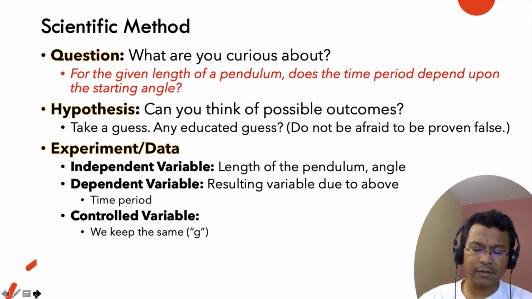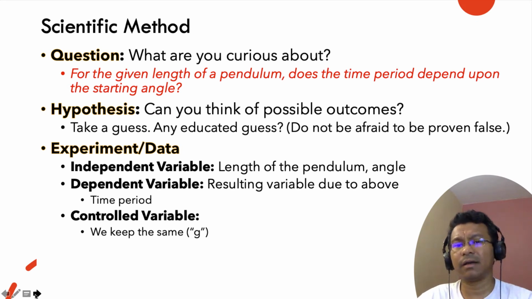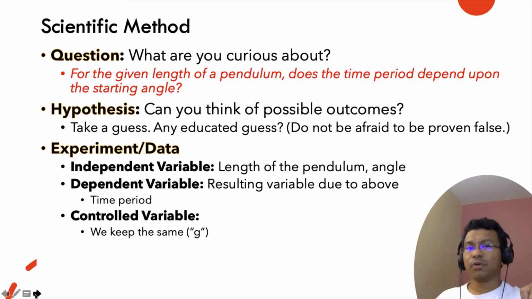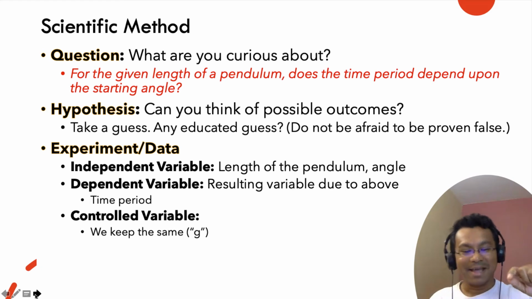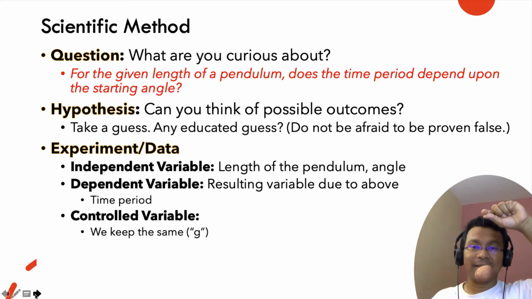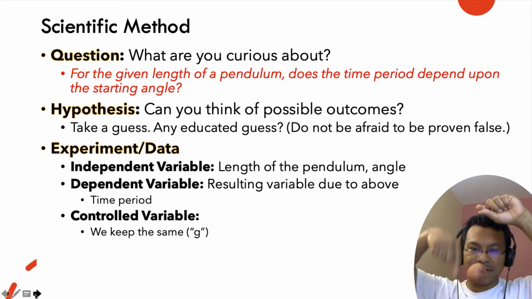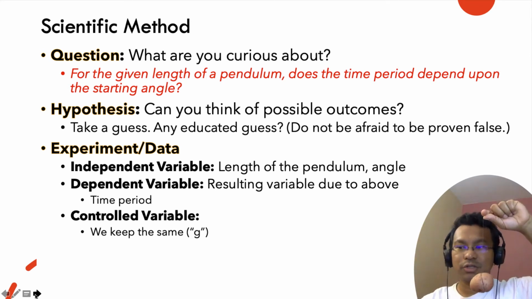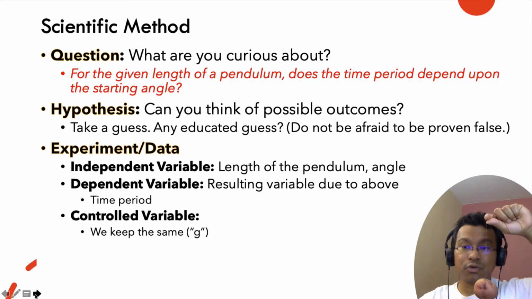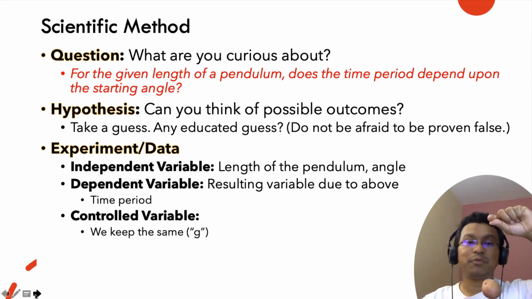And there are certain things called controlled variables. In this case, you know from the first activity that if you are inside Earth's gravitational field, then the acceleration due to gravity vertically downward is going to be constant. The control variable should not change from one set of experiment to the other.